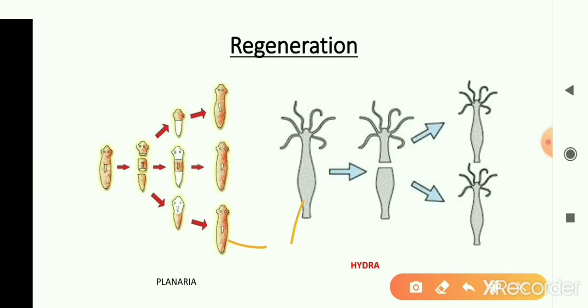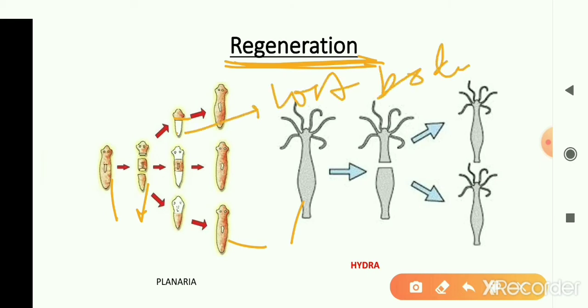Now the next thing is, as I said in the beginning, that regeneration is generally not considered a type of reproduction. Why? Because regeneration happens only when an organism gets accidentally cut into pieces, and then it gets back its lost body part. It's a way of regenerating the lost body part.